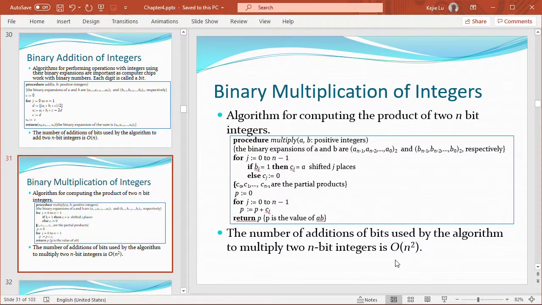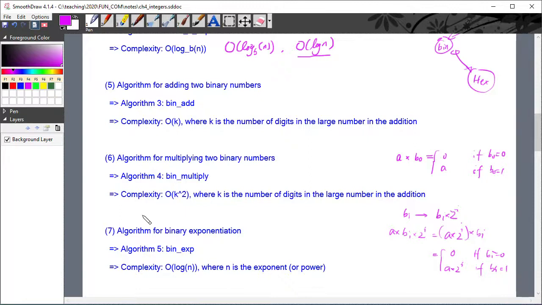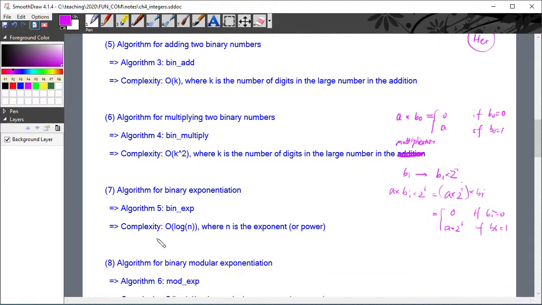And in terms of the complexity, here I list that the complexity is big O k squared, where k is the number of digits in the larger number. Sorry, I need to revise that a little bit in this multiplication.